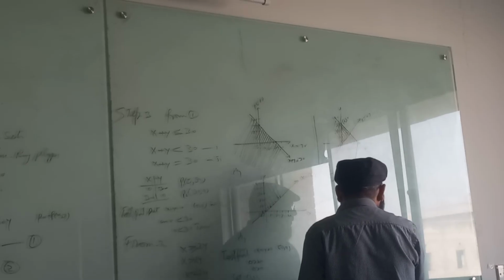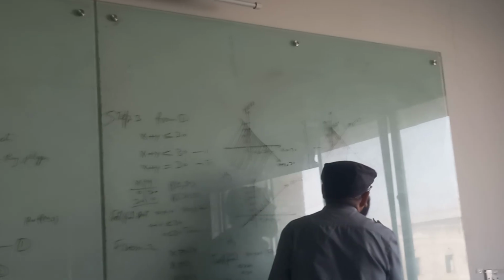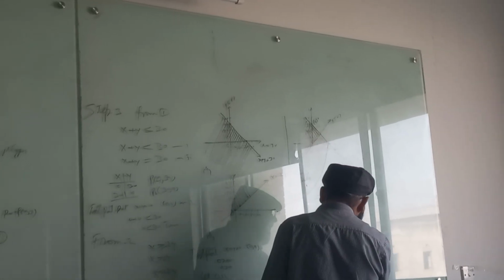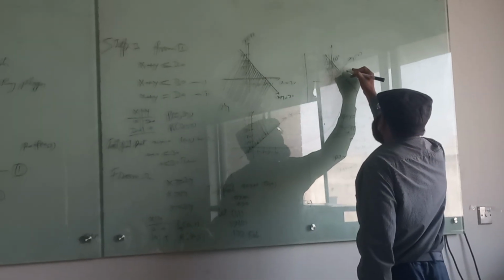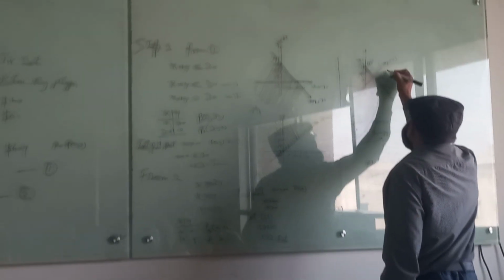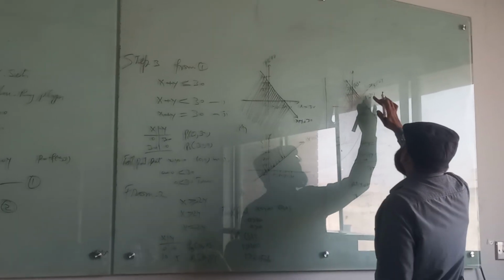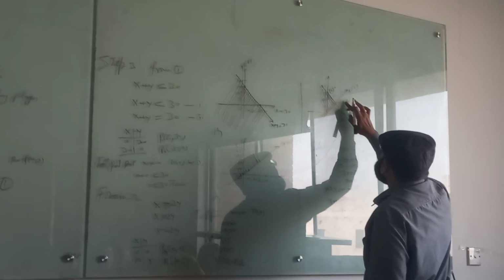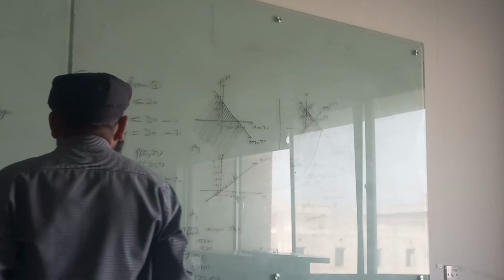So x is 20. The point is 20 and 10. You can check, the total is 30. So he can manage. So this is the best solution.